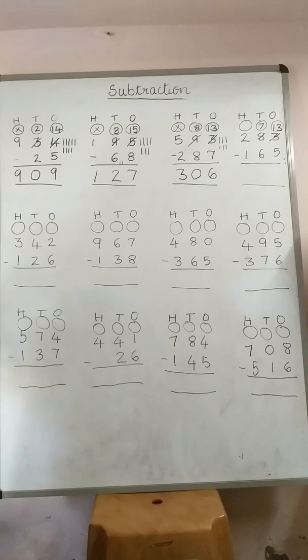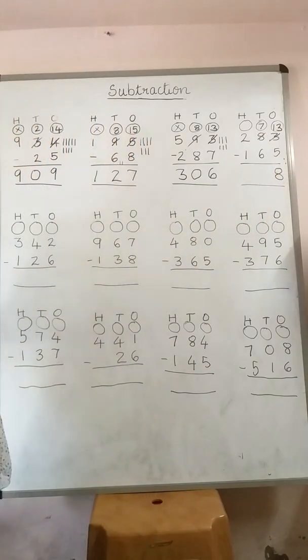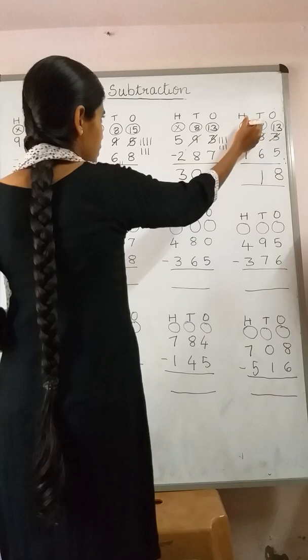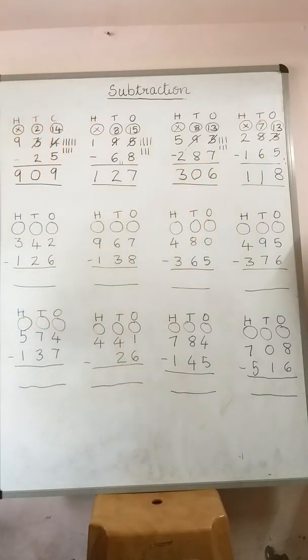Try to subtract 13 minus 5. Did you get 8? Yes. Then let's move to the tens place. Subtract 7 minus 6. Yes, it is 1. Nothing here. 2 minus 1 is 1. Answer is 118. Moving to the next one.